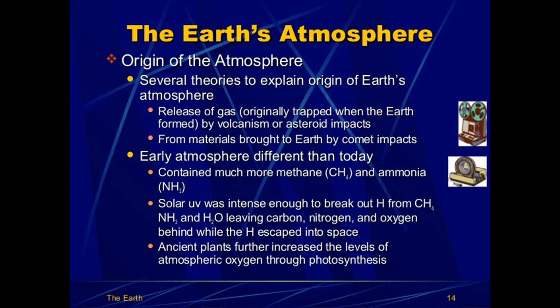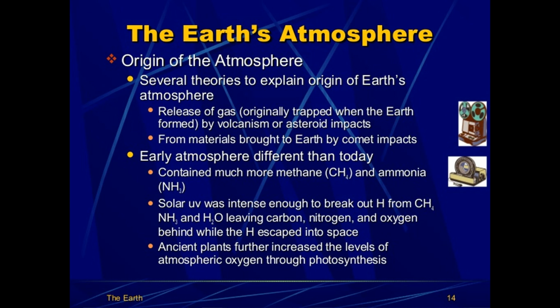Various philosophers and scientists have put forward various theories and hypotheses. Among them, the most important is that the atmosphere originated from volcanic eruption or asteroid impact, from material brought to the earth by comet impact.